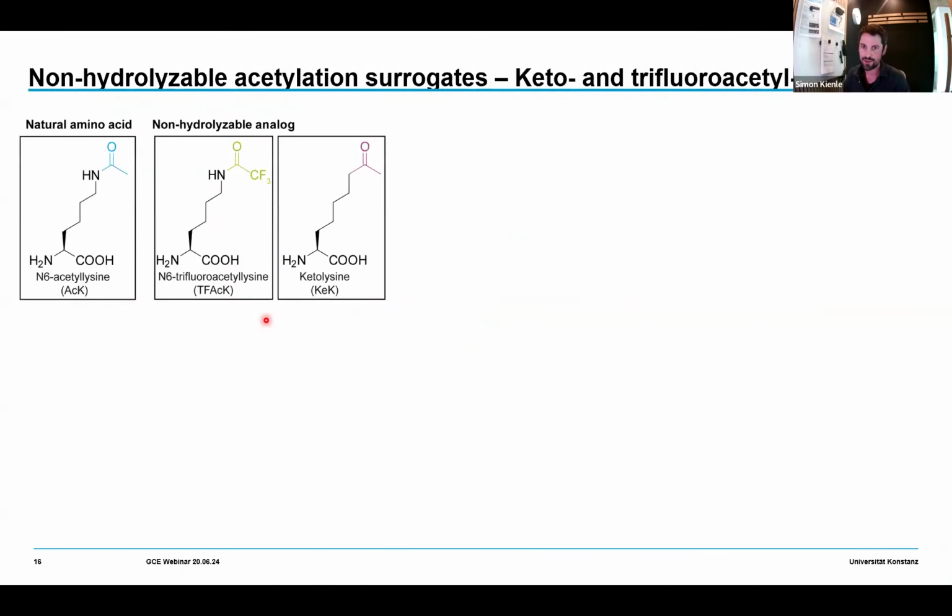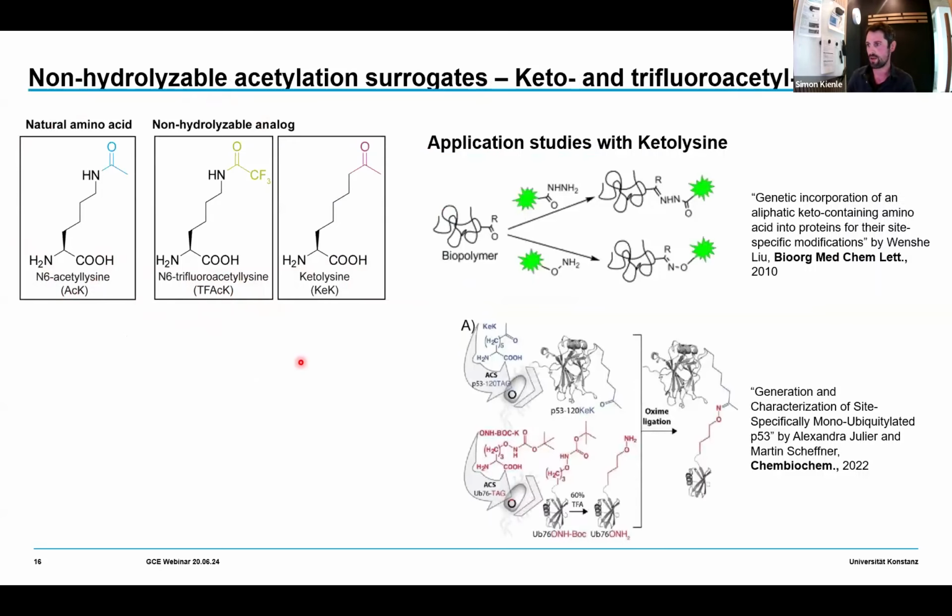So now to the last part of my presentation, which is about the non-hydrolyzable analogs of acetylation. Trifluoroacetyllysine and ketolysine have been previously incorporated via genetic code expansion into proteins. For example, in 2010, the group of Wenshe Liu incorporated ketolysine into proteins and performed oxime ligation.